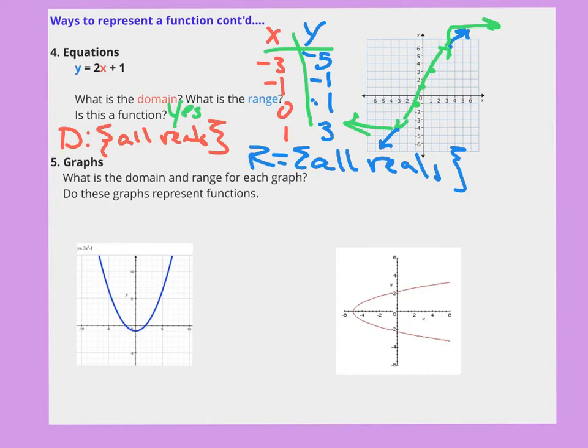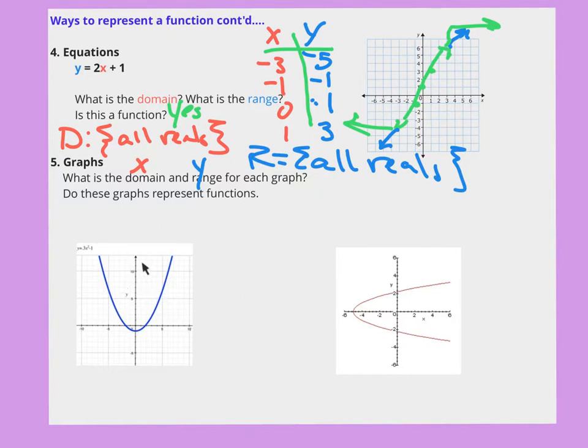The final way to represent a function is using graphs. With graphs, we would need to identify the inputs and the outputs, my x's for my domain and my possible y values for my range. In this first graph here, I can see that my x values keep going.